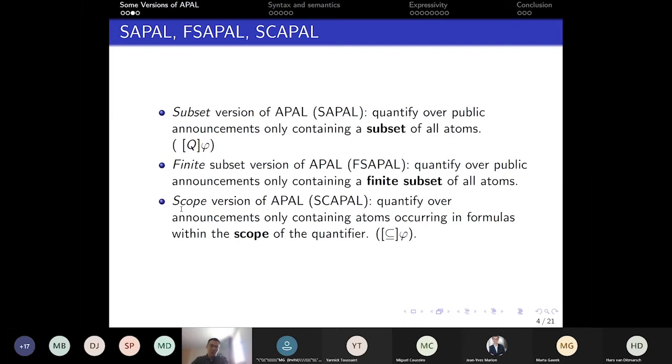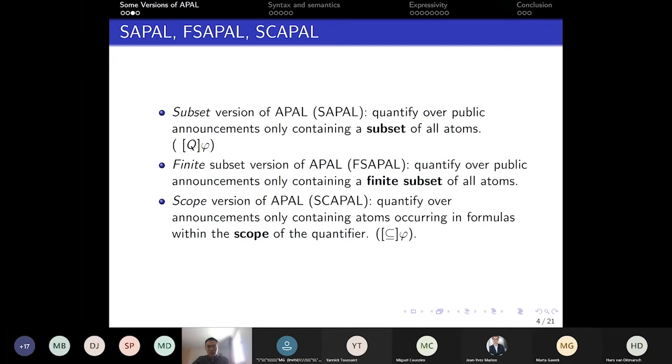The third version is called the scope version of APAL. It quantifies over announcements only containing items occurring in the formulas within the scope of the quantifier. For example, phi is the only formula within the scope of this quantifier. So this formula says that after any announcement containing only the items occurring in phi, phi is true.